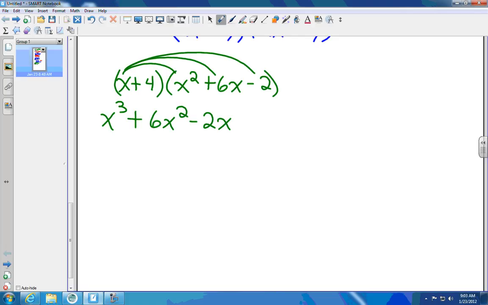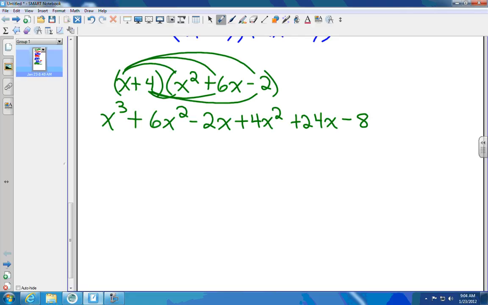You're going to do the same thing with the 4. 4 times all 3 numbers. So first one you'd have 4 times x squared, be 4x squared, positive. And then 4 times 6x, plus 24x. And 4 times -2 is -8. So you got your 6 terms out there. And you combine them.